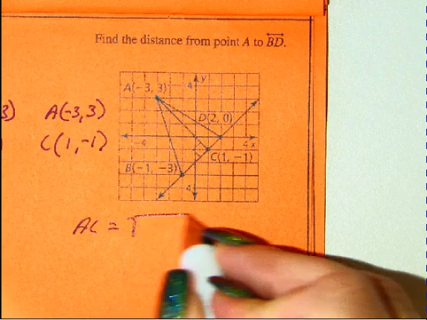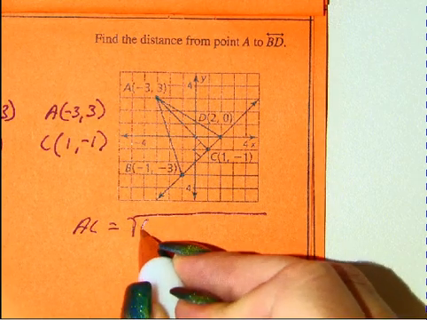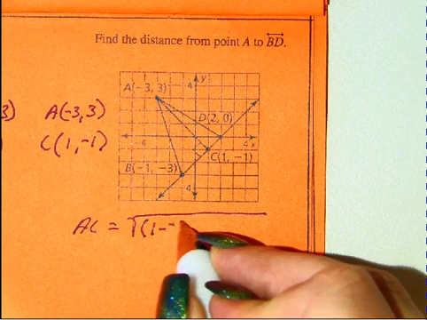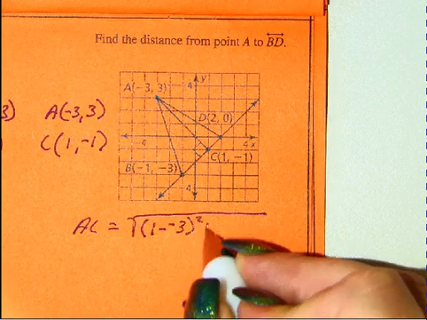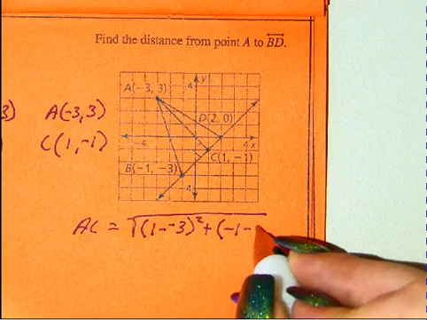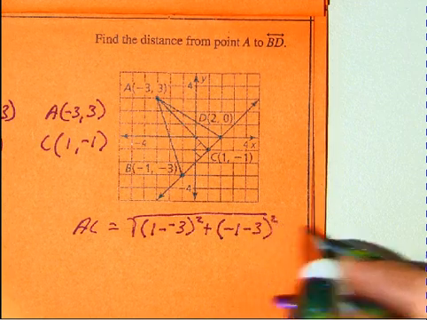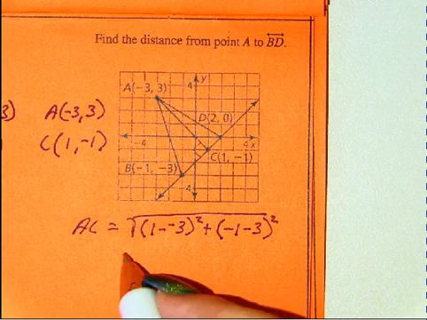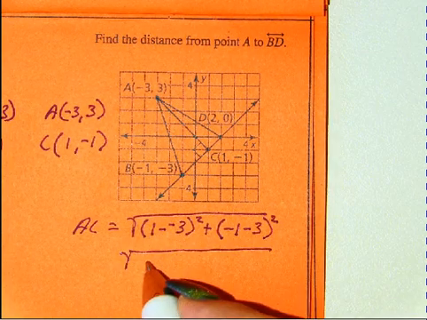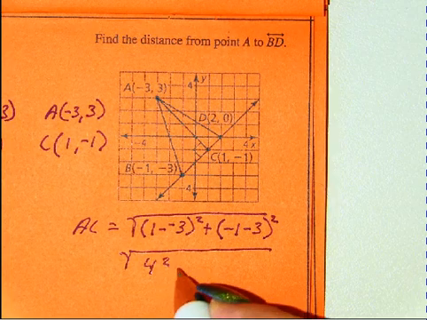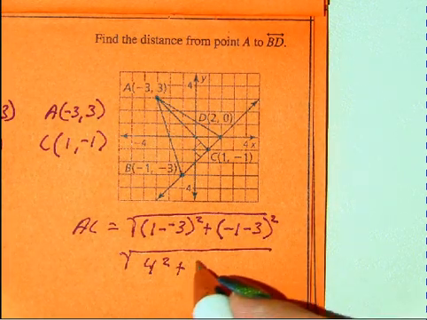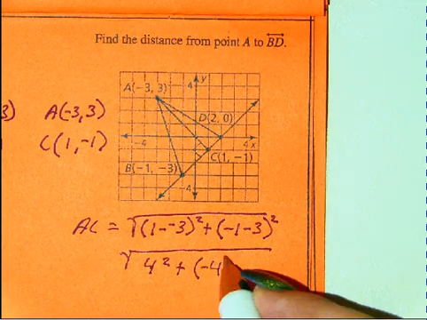So square root, start with our x's, (1 minus -3) squared plus our y's, (-1 minus 3) squared. Simplify inside of my parentheses first. 1 minus -3 would be 4 squared, plus -1 minus 3 would be (-4) squared.